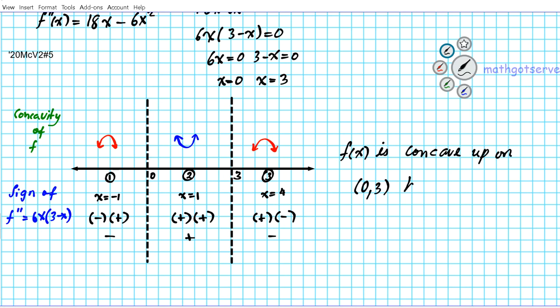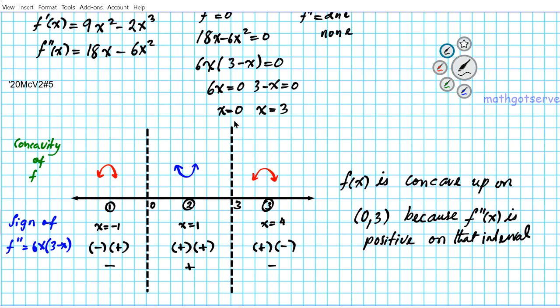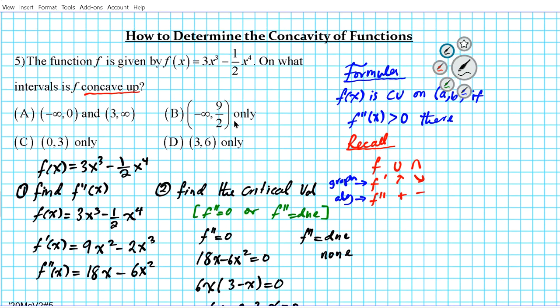Why? Let's put the justification there: because the second derivative is positive on that interval. That's basically how you find the concavity of a function in algebraic form. The answer to number 5 is option letter C.